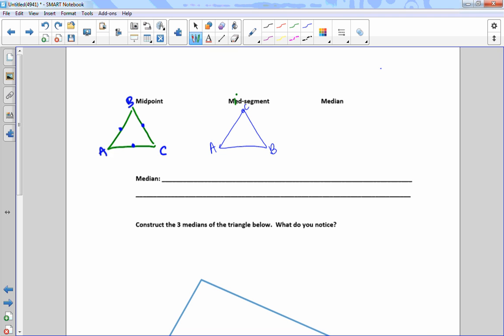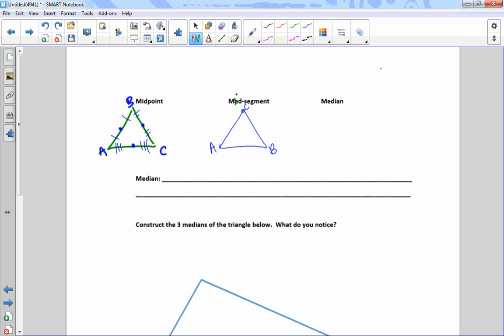And that would make, we have 2 congruent segments there, 2 congruent segments here, and 2 congruent segments there with 3 tick marks. What are mid-segments? The middle of one line segment. A midsegment is created by joining what?